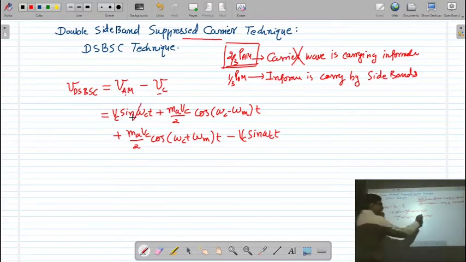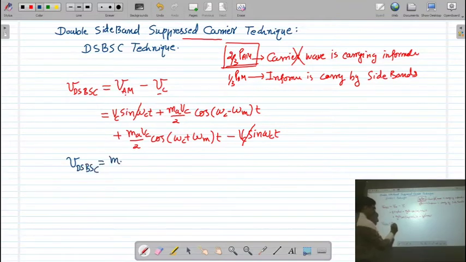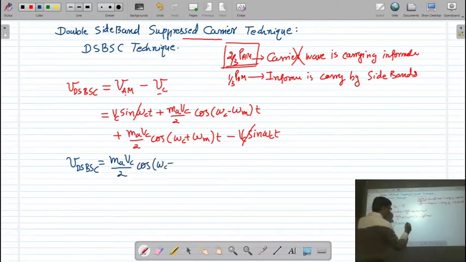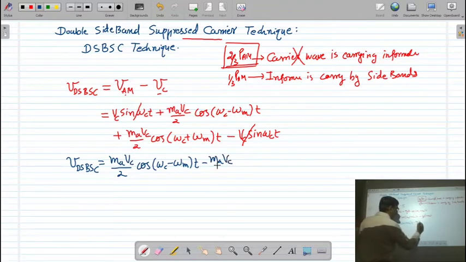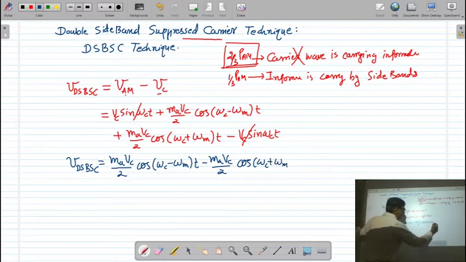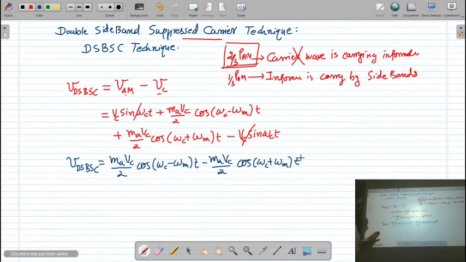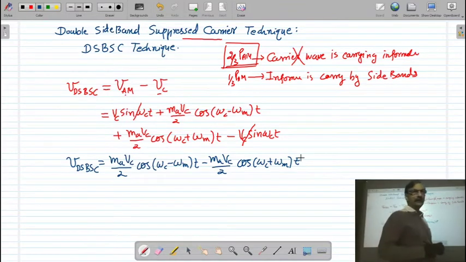So this will be cancelled out, and therefore we can write that the expression for a DSBSC signal is nothing but MaVc by 2 cos (omega c minus omega m) t plus MaVc by 2 cos (omega c plus omega m) t. So this is the expression for a DSBSC signal.